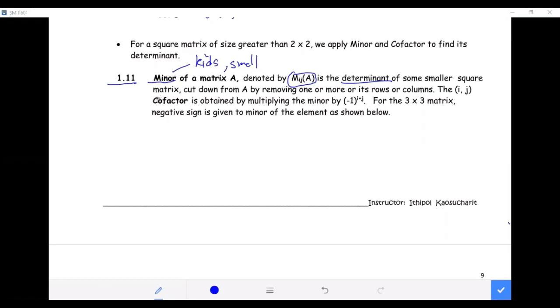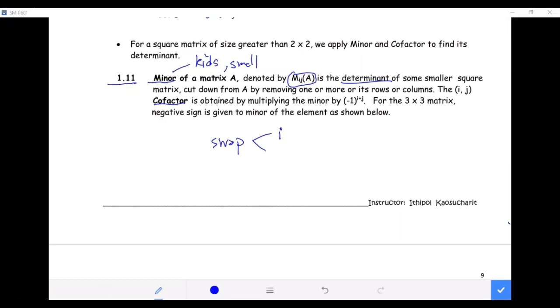Next one is a cofactor. Cofactor is very similar to the minor, except that you have to add some sign. Let's say you have to swap some sign. The rule for cofactor is like this: you already have a minor and you want to find a cofactor.